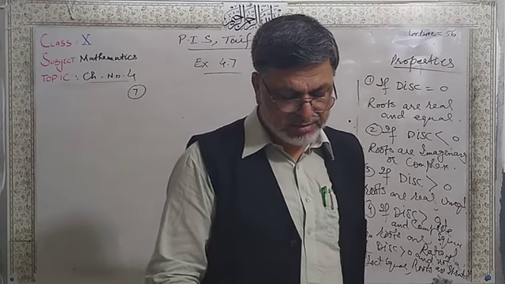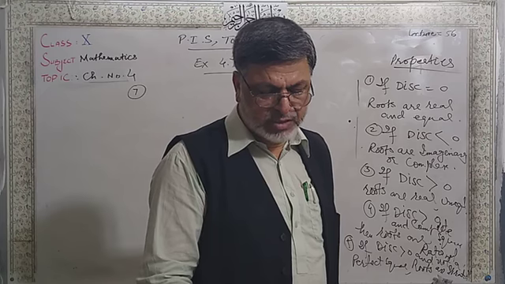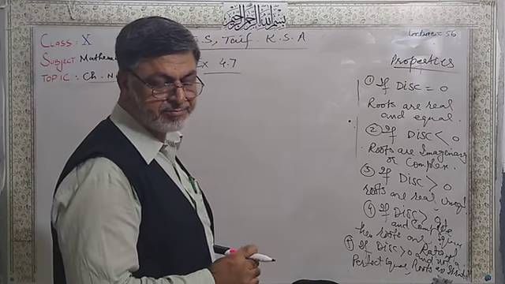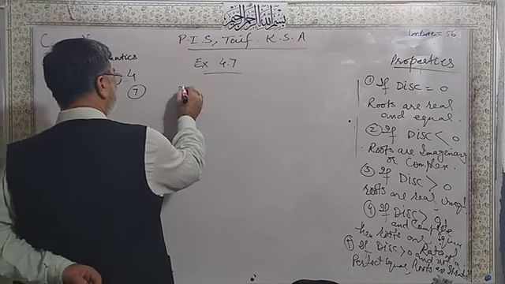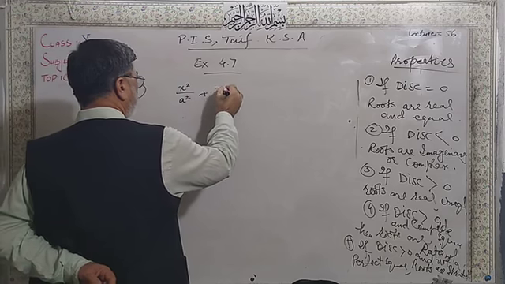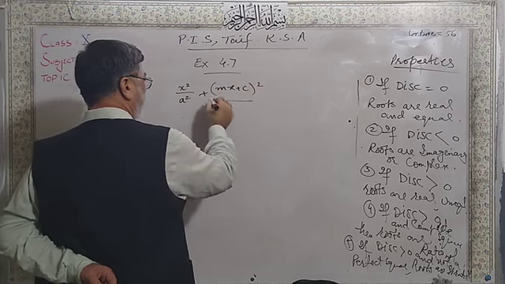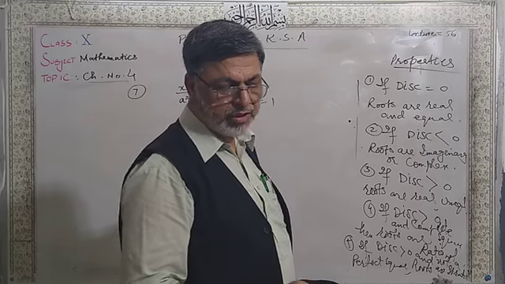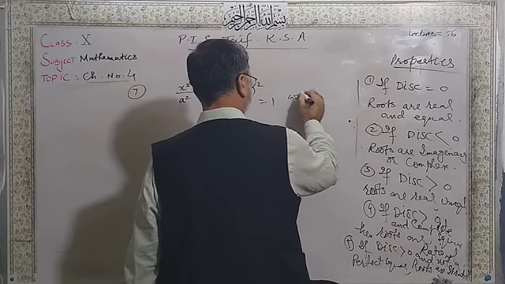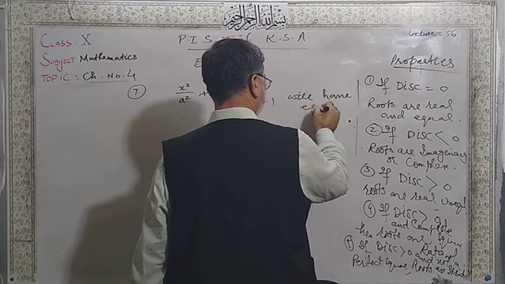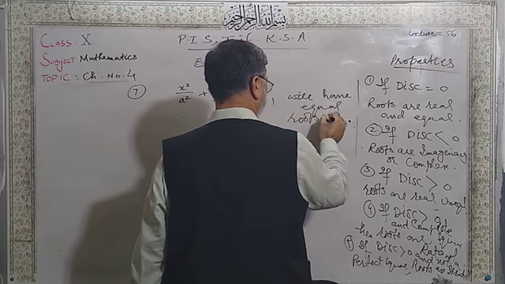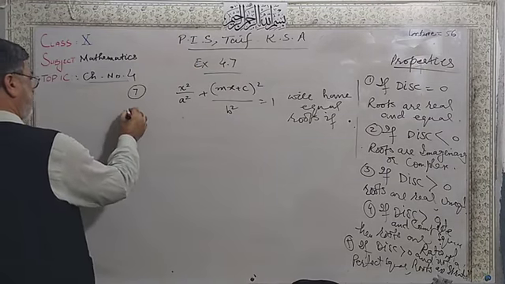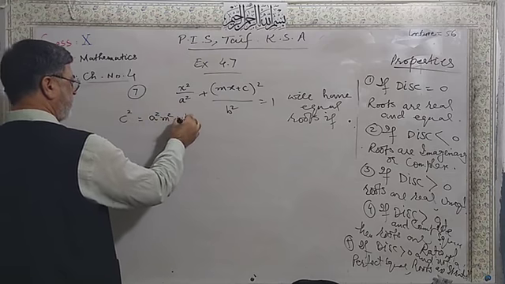In case of question number 7, we have to prove that we will have equal roots if x square over a square plus (mx plus c) whole square over b square is equal to 1 will have equal roots if c square is equal to a square m square plus b square.